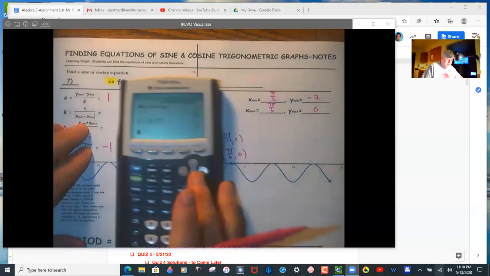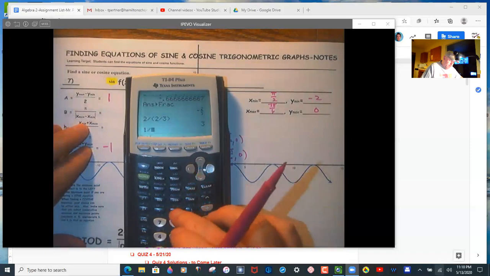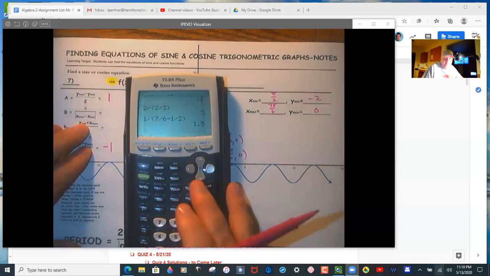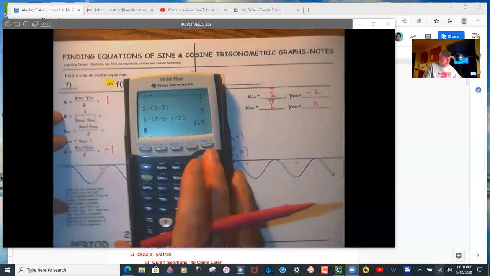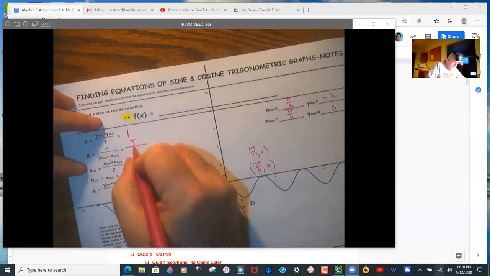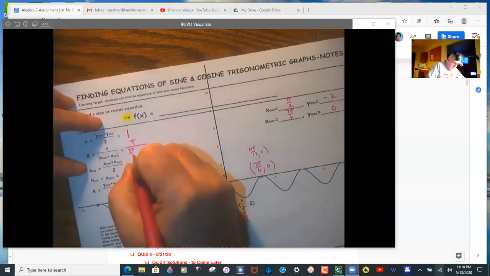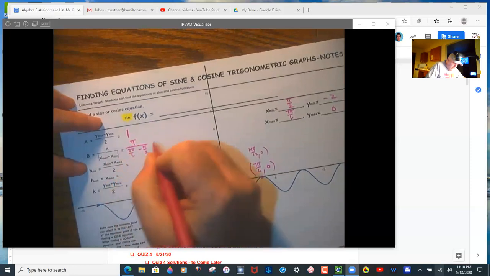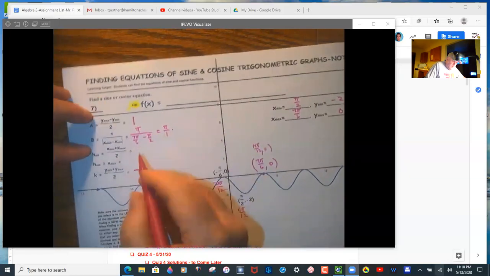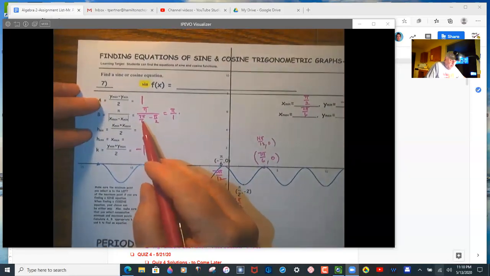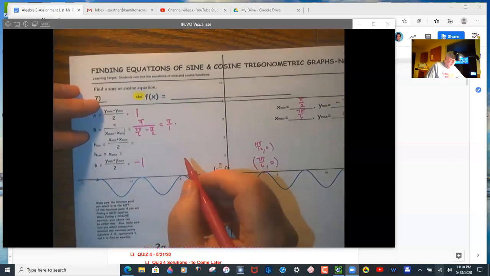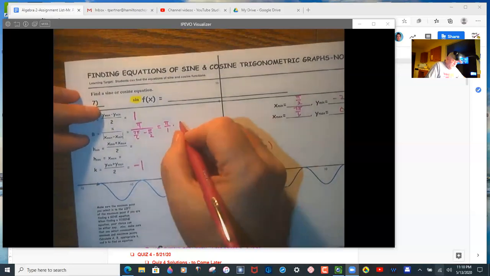So 1 over 7/6 minus 1/2. 1.5. And remember, the pi's drop out. So don't forget, I'll write this one out. The pi's are canceling out. So this on the bottom is 14 pi over 12 minus 6 pi over 12 is kind of like saying 8 pi over 12.